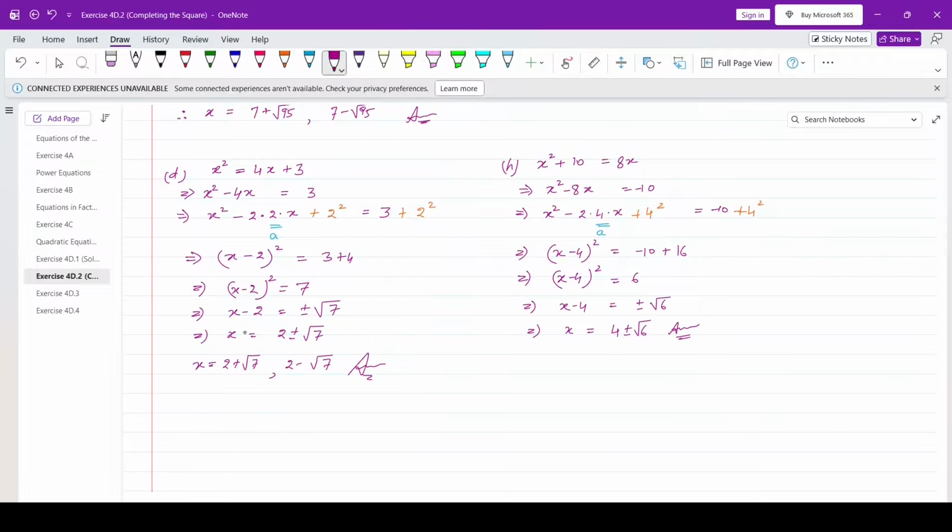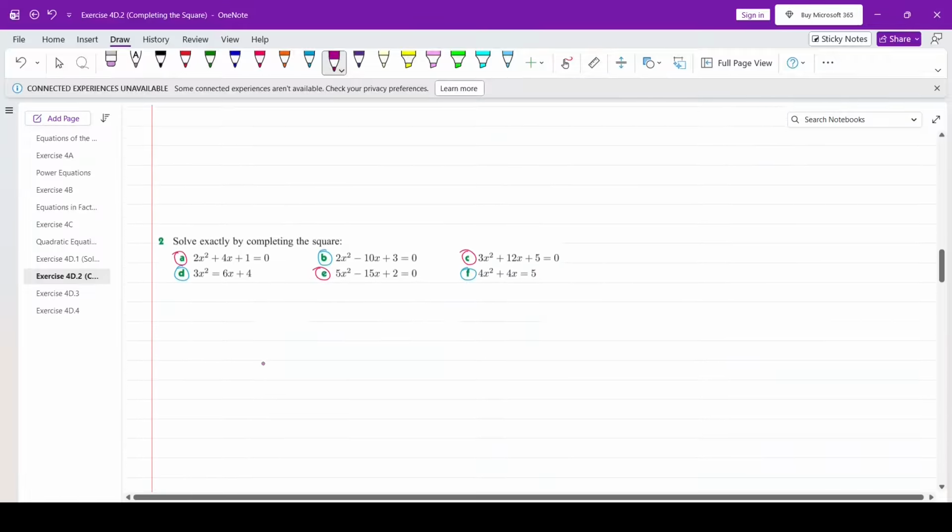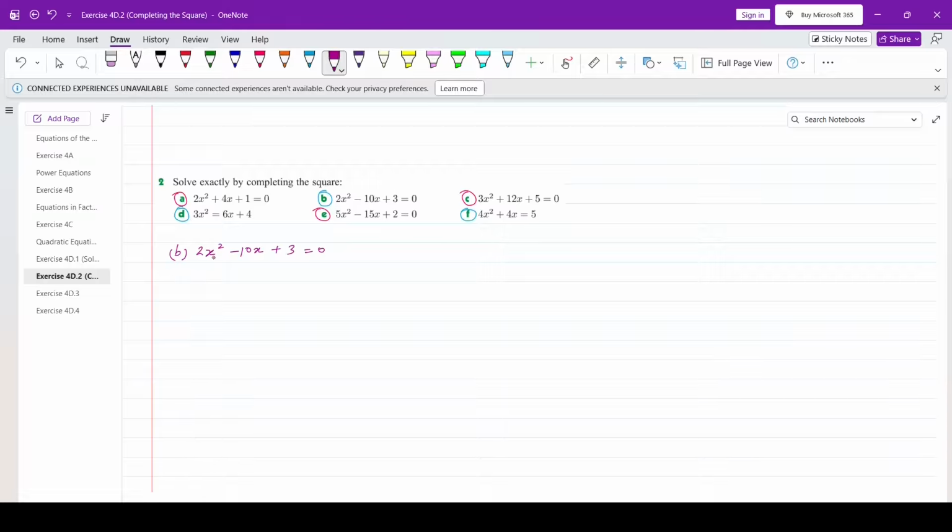That's the answer. Let's go to the next question. B. 2x square minus 10x plus 3 is equal to 0. So let's separate the variable part from the constant part. That is 2x square minus 10x is equal to negative 3.